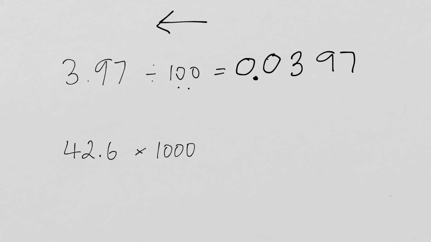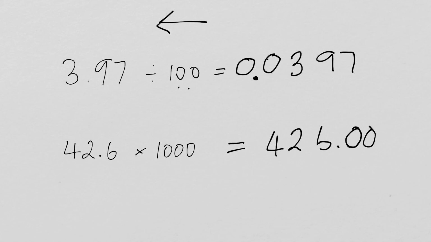All right? So this one down here now, 42.6 times 1,000. I'm going to write my 42.6 and grab my decimal point. My decimal point is going to move 3 places to the right. 1, 2, 3. There's nothing there, so I've got to add something. I'm going to add some zeros.